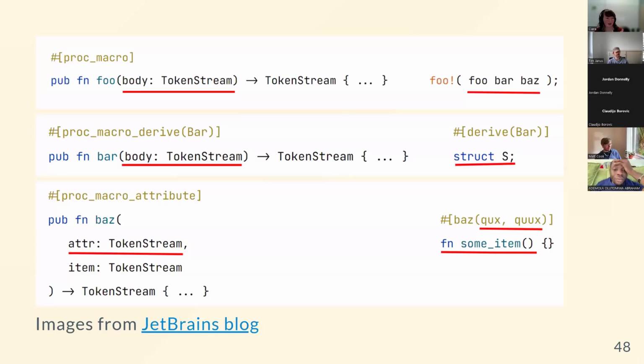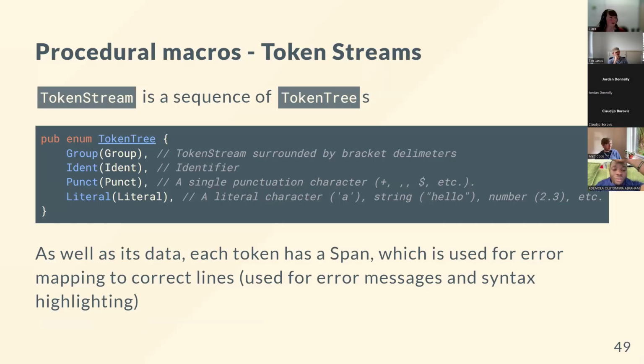So just kind of recapping, this is what the token stream inputs are, where the inputs were coming from, and kind of hold that in your head, because we're going to start looking a little bit more at what that token stream is. So a token stream itself is a sequence of token trees. A token tree could be a group, which is if it's surrounded by brackets.